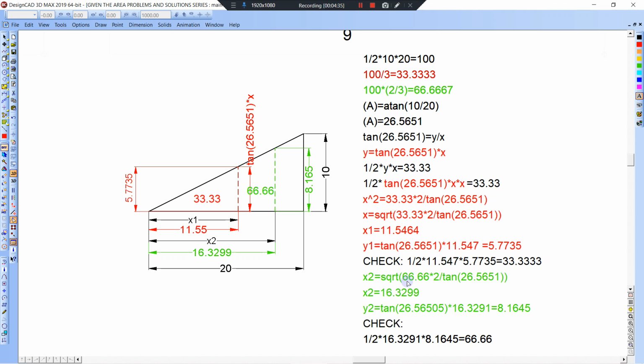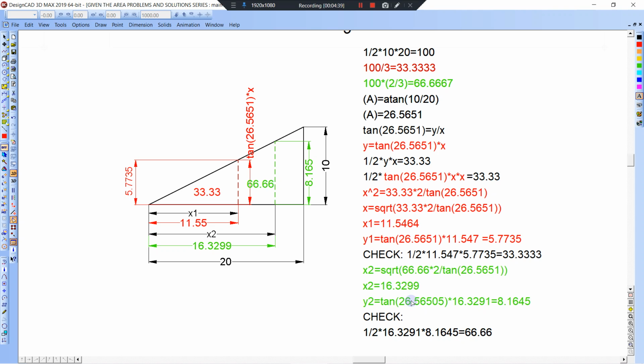So you can just plug in the same formula, square root of 66. And then in the last case, to do the same thing, you just multiply the tangent of 26.5651 times the result, and you'll end up with the value 8.165. Check them again, multiply, and make sure that they're coming close enough to your value with the decimal places.